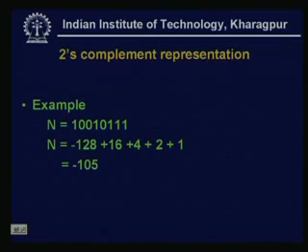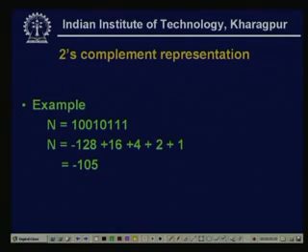See here, we take one example: n equal to 10010111. The first bit, bit 7, carries weight minus 2 to the power 7, and the others are plus: 2 to the power 4 plus 2 to the power 2 plus 2 to the power 1 plus 2 to the power 0.